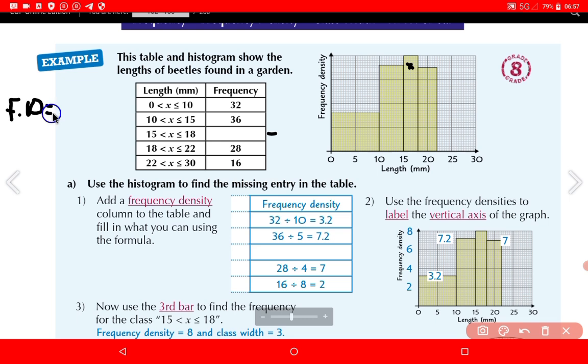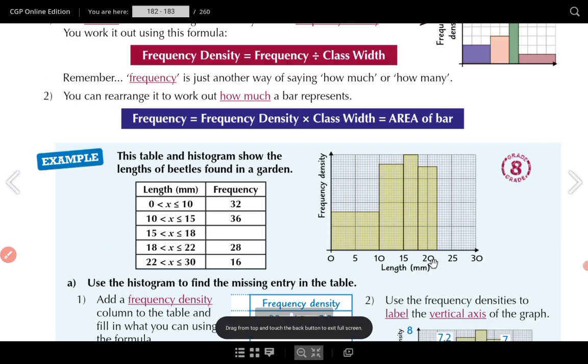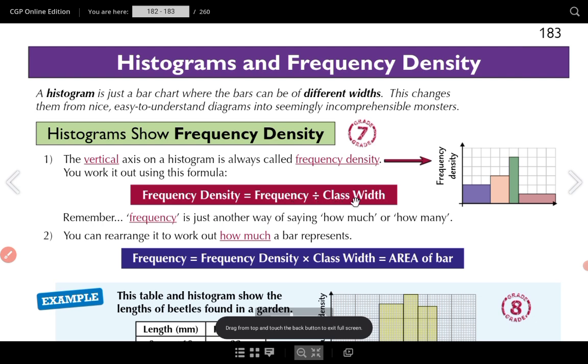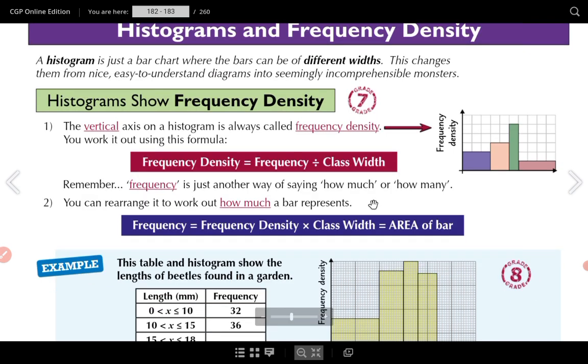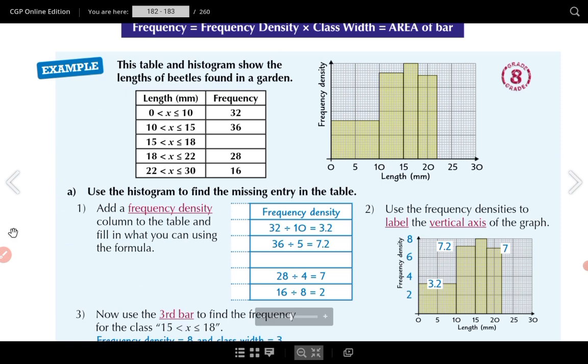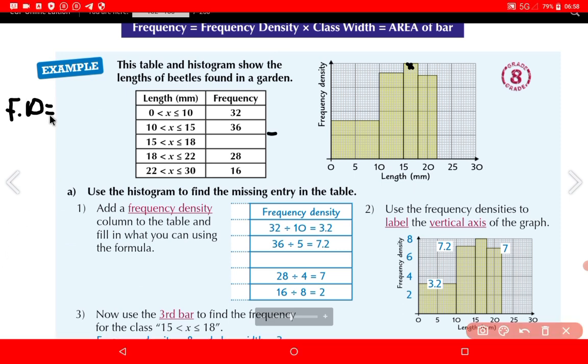The frequency density will simply be, we had given that formula, frequency divided by class width. So the frequency density is just frequency divided by the class width.